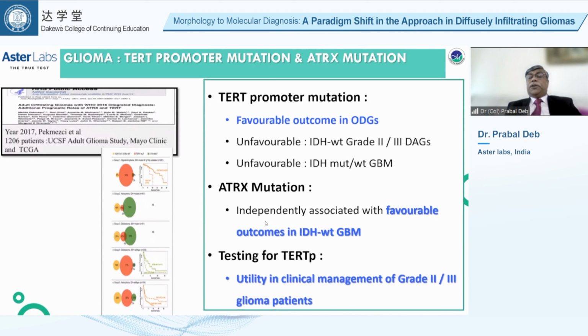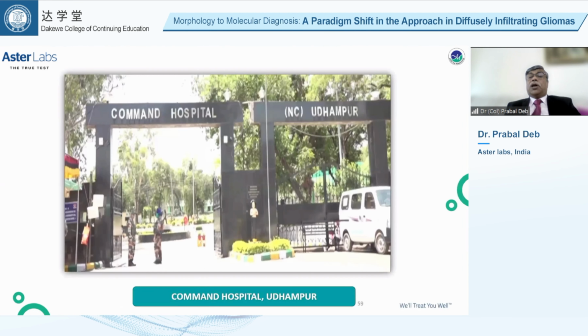Independently associated with favorable outcome in IDH wild type GBM was ATRX mutation. And it was understood that both these parameters need to be evaluated to fine-tune the overall outcome of these tumors.